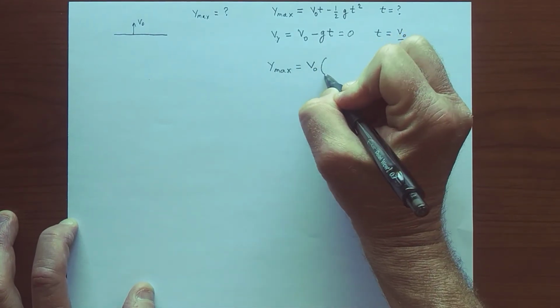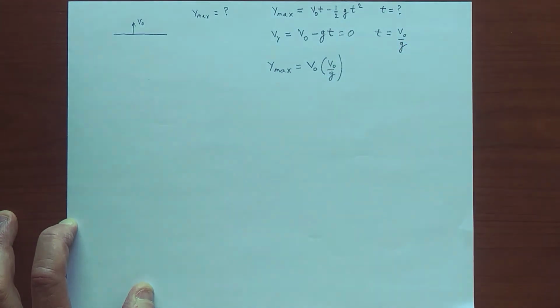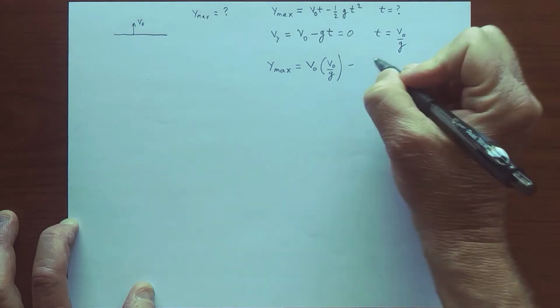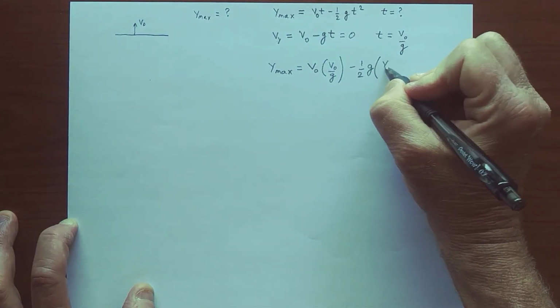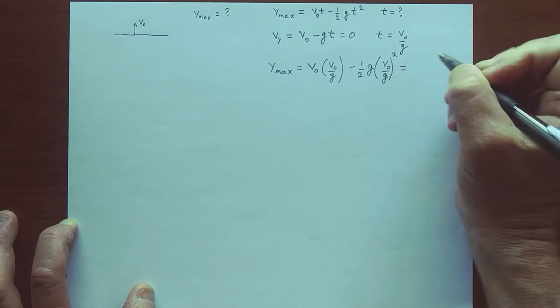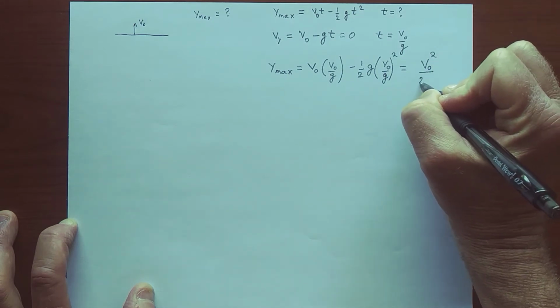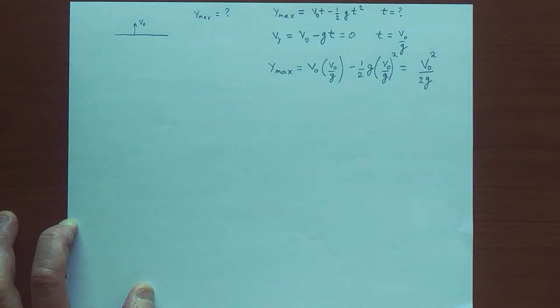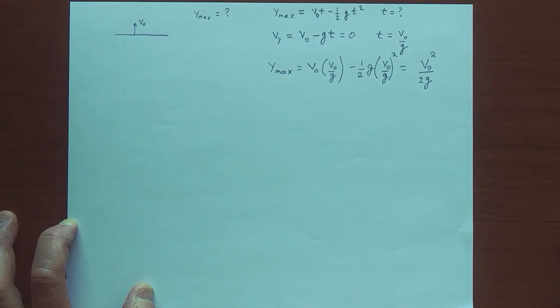It's v naught times that t, so let's put it in parentheses, v naught over g, minus 1/2 times g times that t squared, which is v naught over g squared, and that reduces to v naught squared over 2g. And again, we'll come back to this type of problem, and we'll see that we'll be able to solve it in one line, unlike here where we needed two equations.